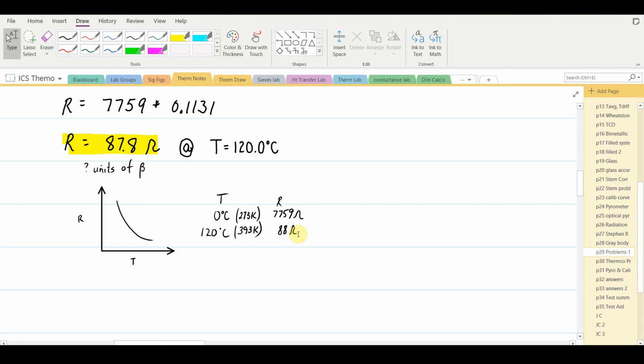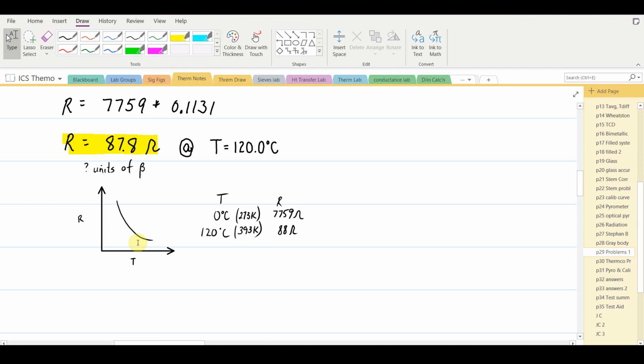Does that make sense? Well, because this relationship is not direct, it's inverse and it's exponential, it's quite possible. So notice that as the temperature is increasing, the resistance will be decreasing. That's exactly what we've seen, and it's quite a dramatic drop because it's exponential. So at least it makes sense conceptually.